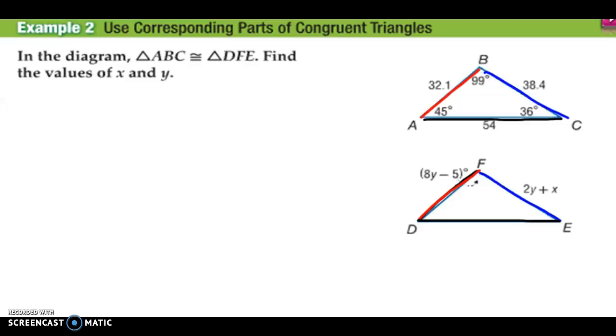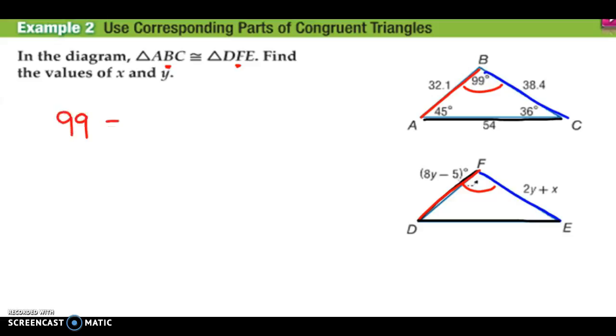Okay, so they're congruent. It says find the values of x and y. So if we know that angle B is congruent to angle F, that means that they're equal to each other.